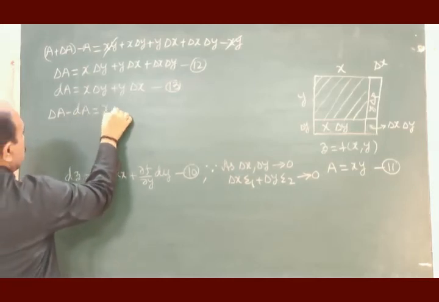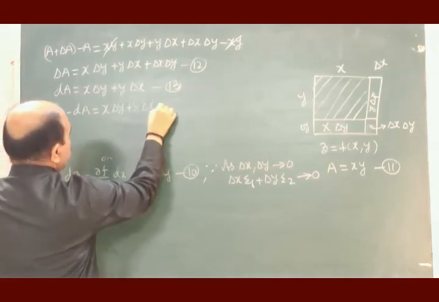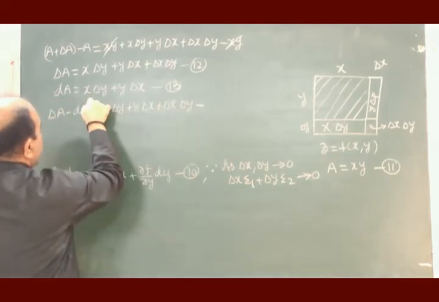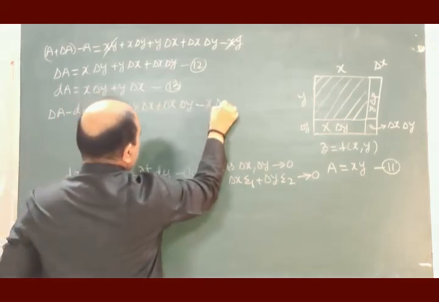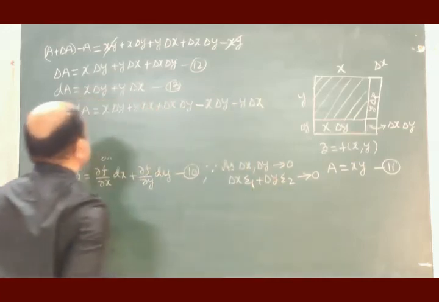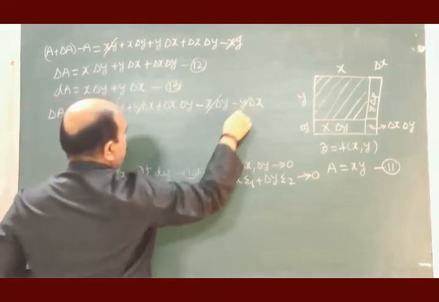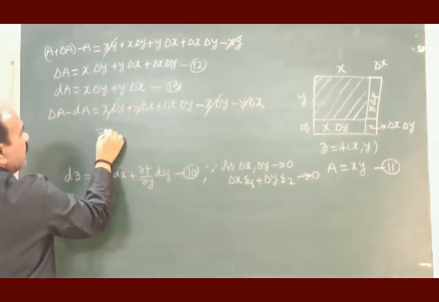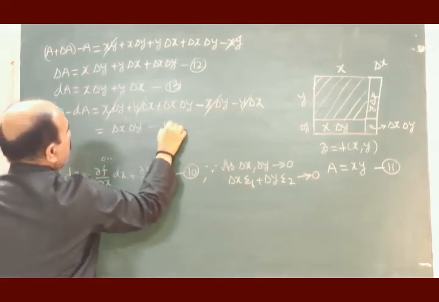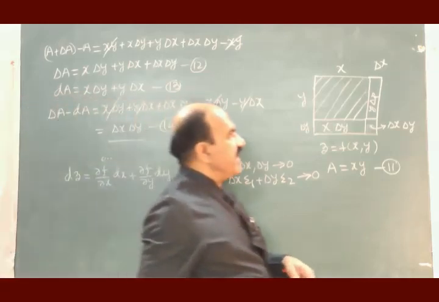This is x delta y plus y delta x plus delta x delta y minus x delta y minus y delta x. This gets cancelled with this, and the error occurring is this much, delta x delta y.